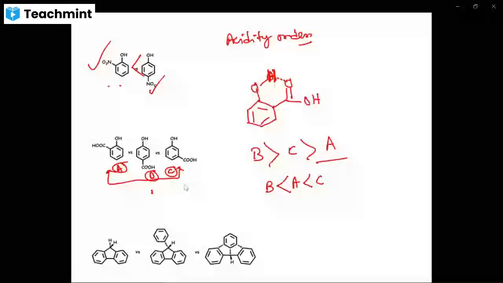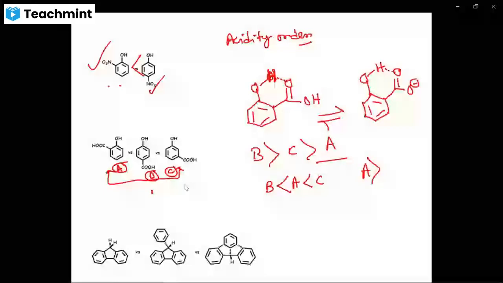When it goes to the conjugate base form, it will be CO minus, right? You are saying it will be CO minus, and then the hydrogen bond will be even stronger. Yeah, this is completely correct. A is most acidic.